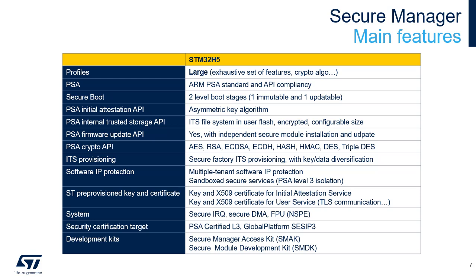Main Secure Manager features are compliance with PSA standard and PSA standard APIs, two-level boot stages, PSA initial attestation with asymmetric key algorithm, PSA internal trusted storage with encrypted file system of configurable size, PSA firmware update with independent secure module installation and update, PSA cryptography with exhaustive crypto algorithm sets, secure factory ITS provisioning including key data diversification, multiple tenant IP protection with PSA level 3 isolation, ST pre-provisioned X509 certificate and key, support of secure IRQ, secure DMA and floating point unit, security certification targeting PSA Certified Level 3 and Global Platform CSIP 3, Secure Manager Access Kit or SMAK and Secure Module Development Kit SMDK.